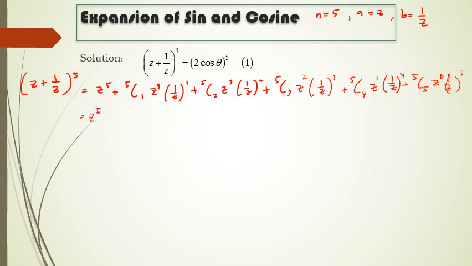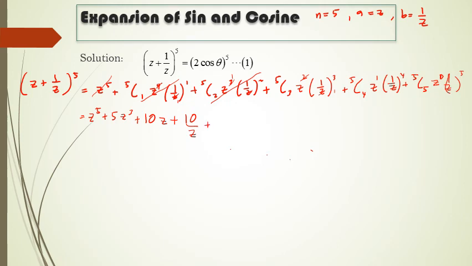So let us simplify this. z power 5. 5c1 is 5, z power 4 with 1 over z, so it becomes 5 z power 3. Plus 5c2 is 10, z power 3 with 1 over z power 2 becomes z power 1, so it is 10 z. Plus 5c3 is also 10, z power 2 with 1 over z power 3 cancels to become 10 over z.